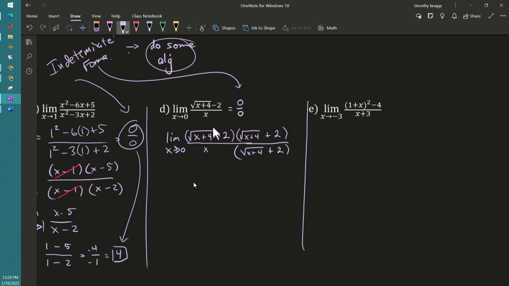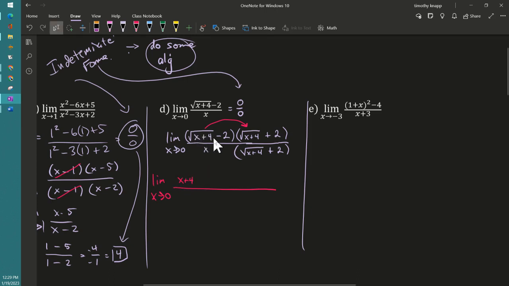So anyway, let's multiply this out using FOIL. So I'll multiply this by this. Well, the square root of x plus 4 times the square root of x plus 4 is the square root of x plus 4 squared, which is effectively just x plus 4. So I got the limit as x approaches 0 of x plus 4.